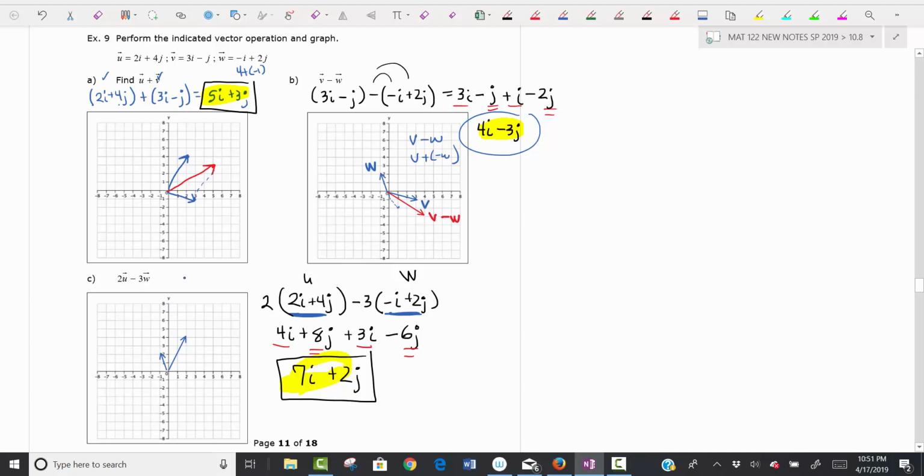What happens on this is we multiplied these things by a scalar. So what I want you to do next is this vector, 4i plus 8j. Now we're going to go over 4, up 8.